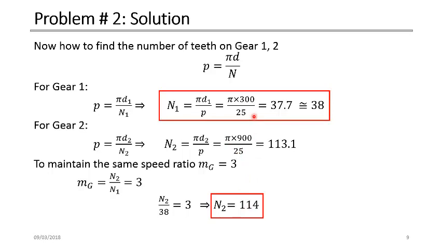The same here: we need to find the diameter D1 that is multiplied by pi and divided by 25 gives 38. These diameters, the 900 and the 300, give us numbers which we are not using. So if we are using new numbers for the gear teeth, we must use new diameters as well to keep this 25 the same, to keep the gear ratio 3.